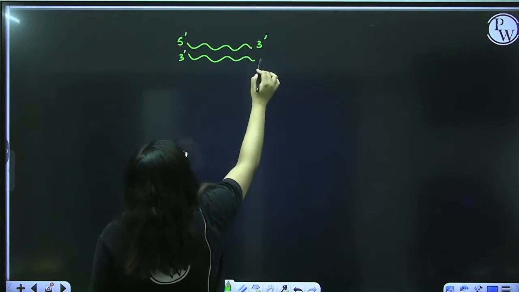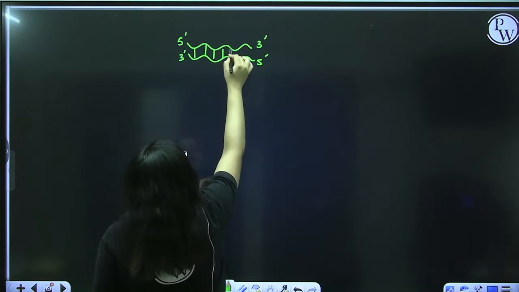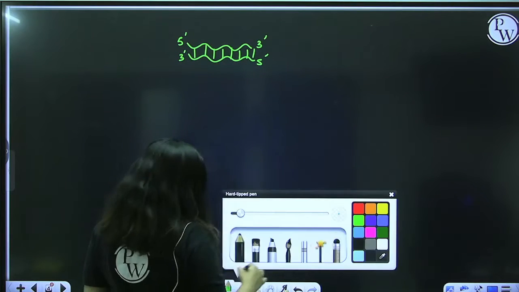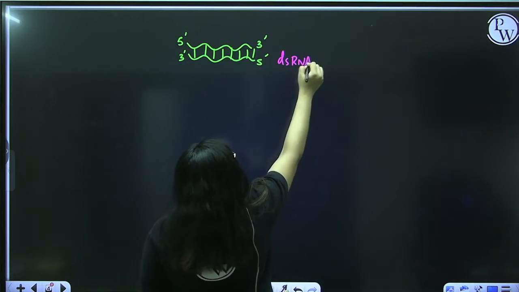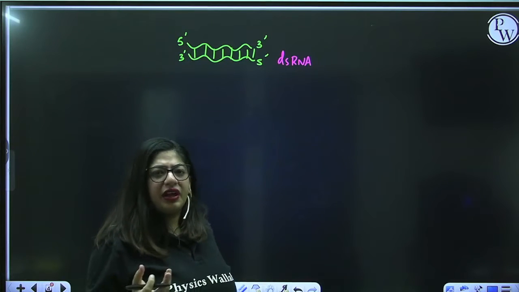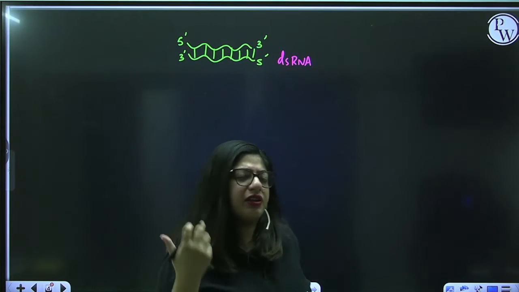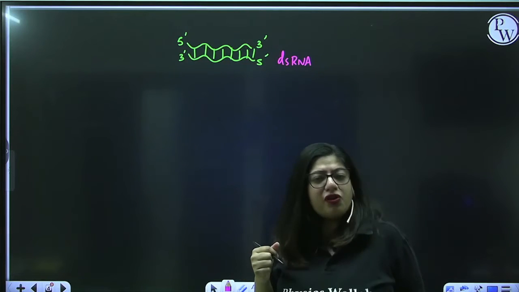If somehow our RNA gets double stranded, then what will happen? Now, ma'am, who is producing double-stranded RNA? No one is producing double-stranded RNA. Then how can double-stranded RNA be formed in our body?